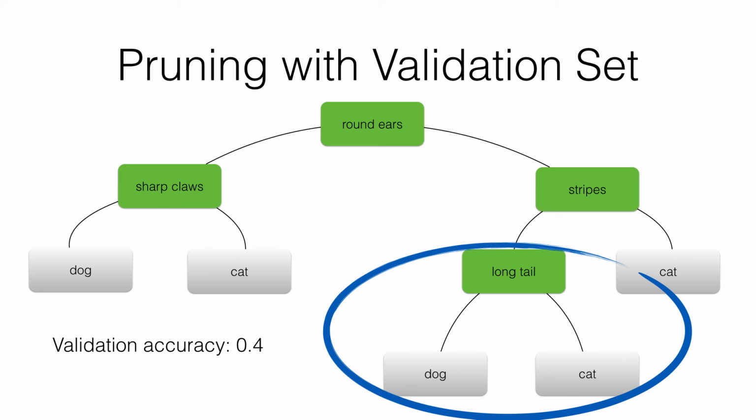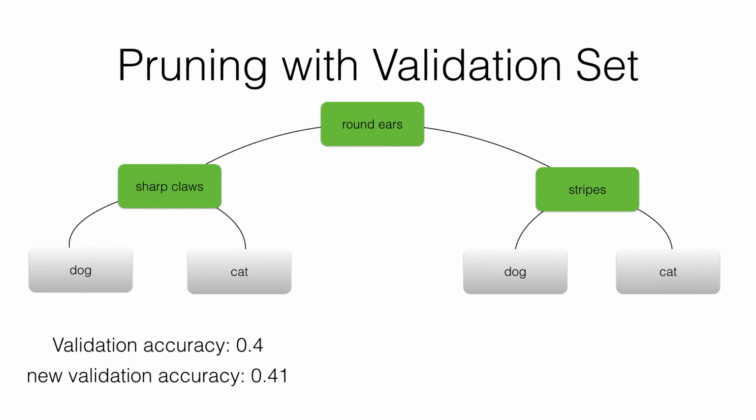So you could just say, let's pick the majority class at this node, and for the sake of the example, suppose that's dog. So if an input example has round ears but no stripes, then you just predict dog.